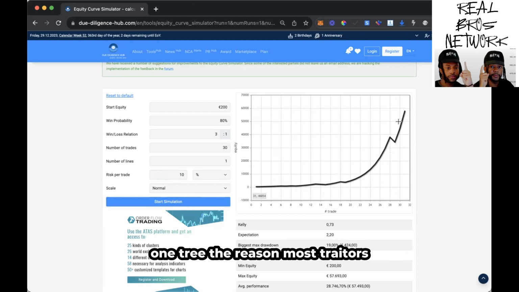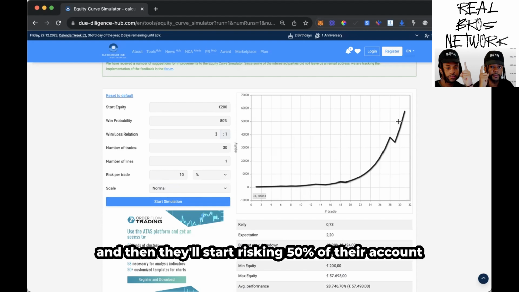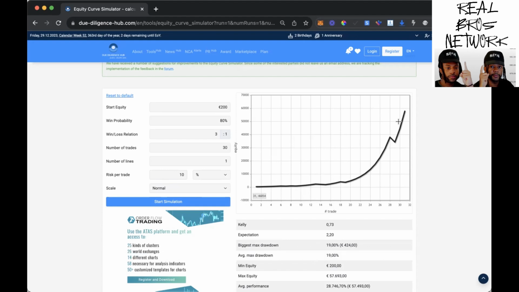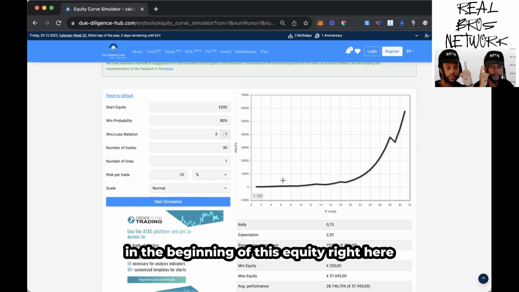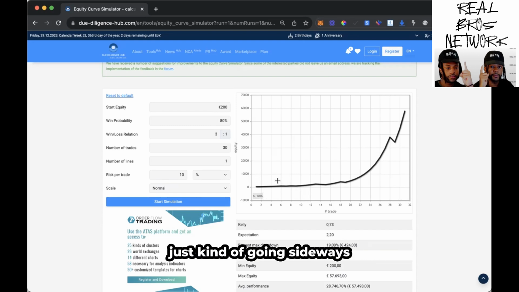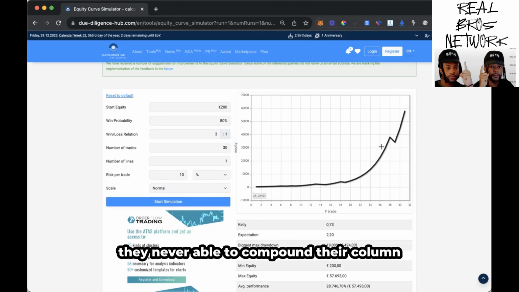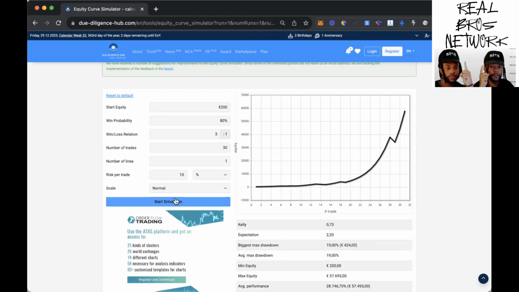The reason most traders aren't able to do this is they'll hit 5 trades in a row and then start risking 50% of their account. They'll start risking more, because in the beginning of this equity curve it doesn't look like it's gaining much. It's just going sideways. So they get bored around this point and are never able to compound their account.